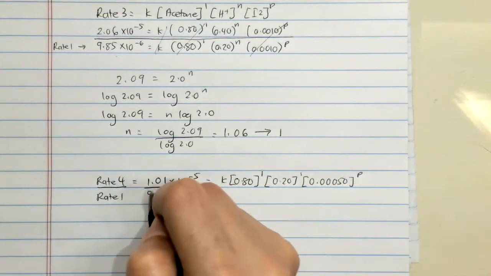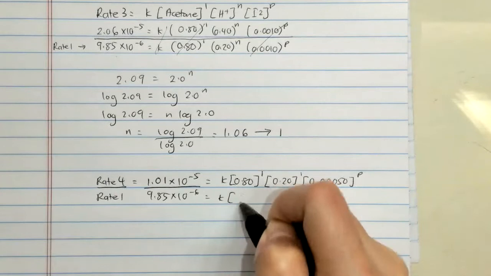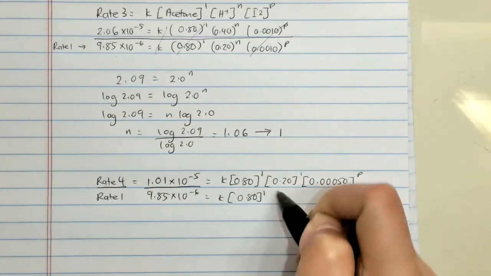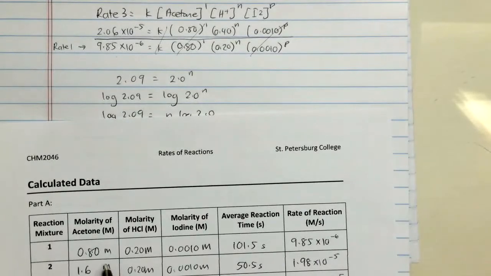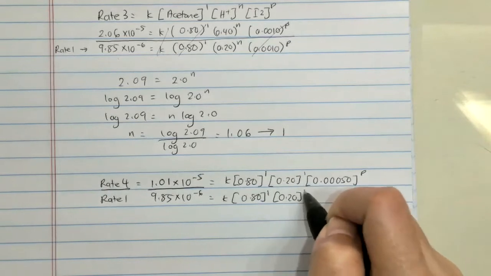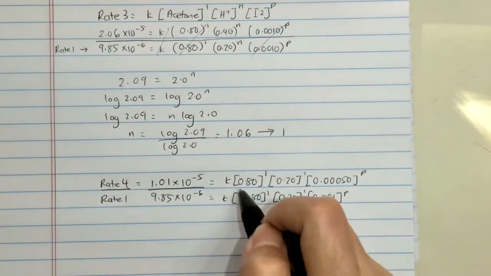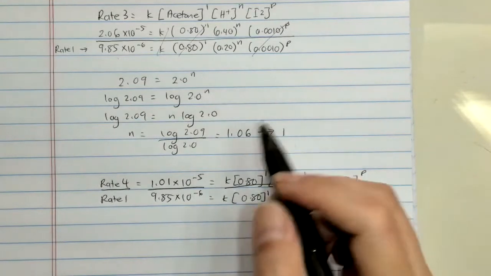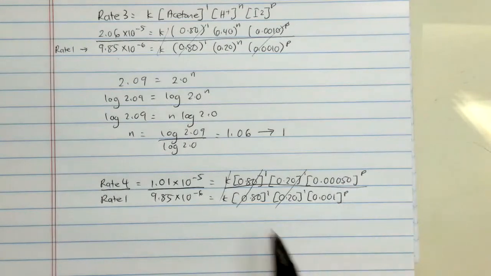And then rate 1 is 9.85 times 10 to the minus 6 equals K. And then 0.8 to the power of 1, because I'm copying it over from here, 0.8, then 0.2 and 0.001, okay, to the power of p. Now, if you notice, then we can still cross off all these things. Cross this one off, cross this one off, cross that one off. Now you have this left over.